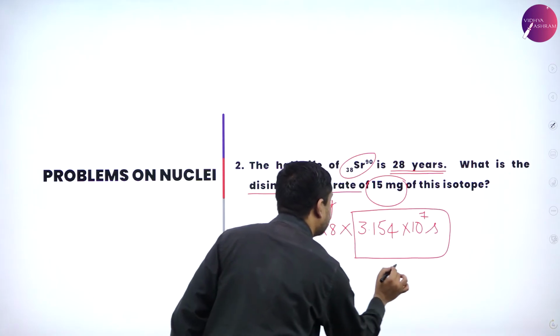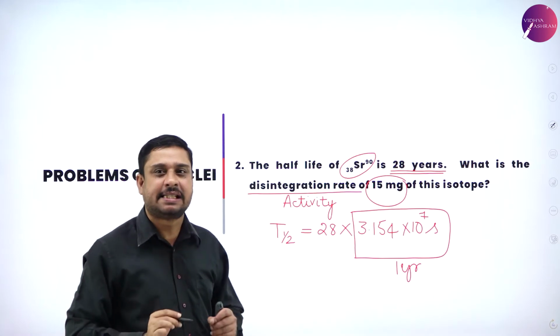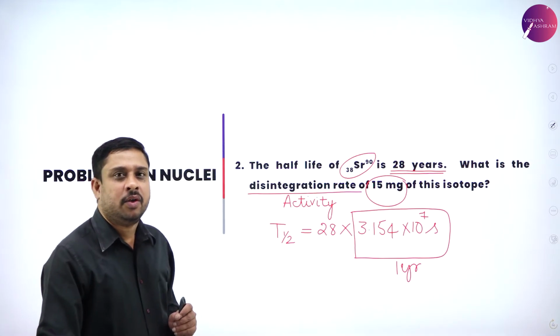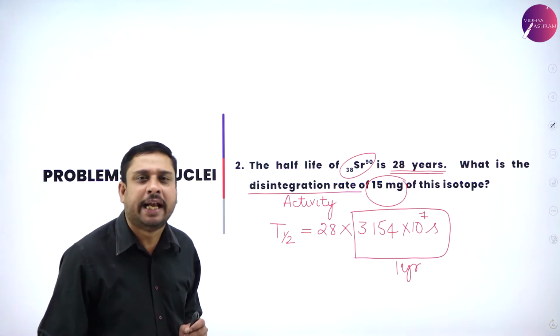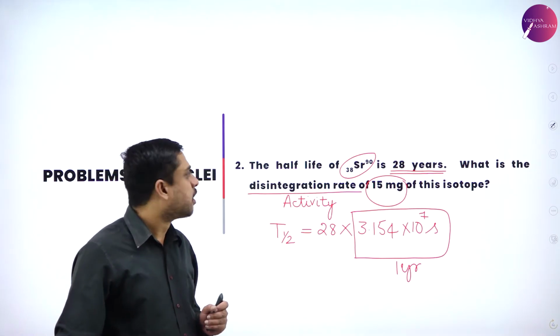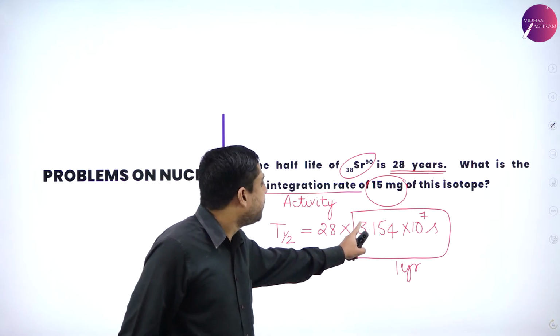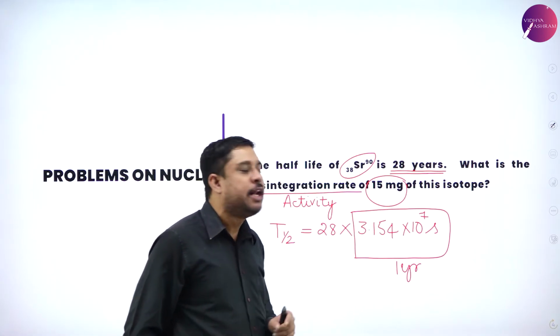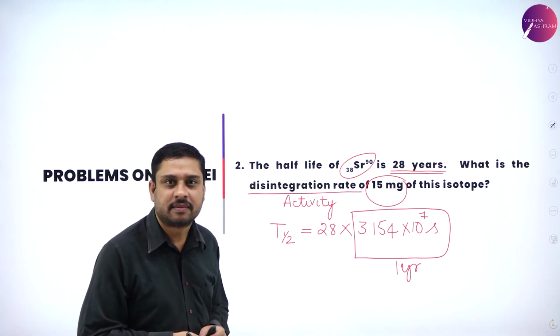On conversion, 1 year is so many seconds. You need not spend time substituting, calculating. If you remember this parameter, 1 year is 3.154 into 10 power 7 seconds.